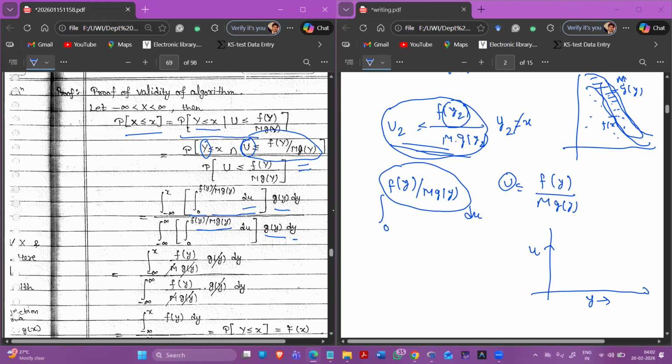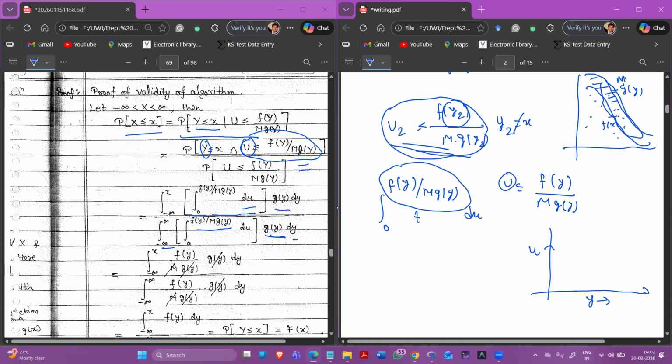That's why we are integrating over minus infinity to infinity with respect to the density gy. So when you integrate, what is the integration of u from 0 to fy divided by mgy? Say it equals t. That follows the uniform distribution.